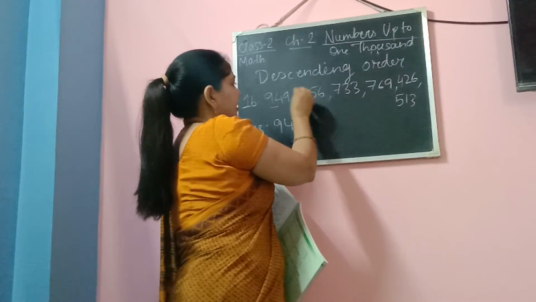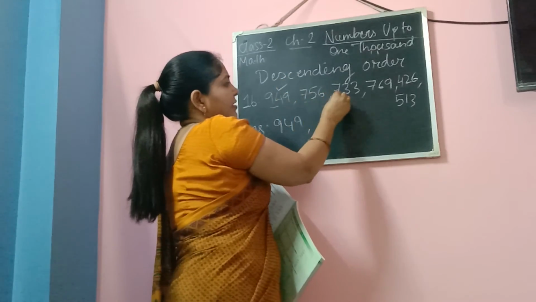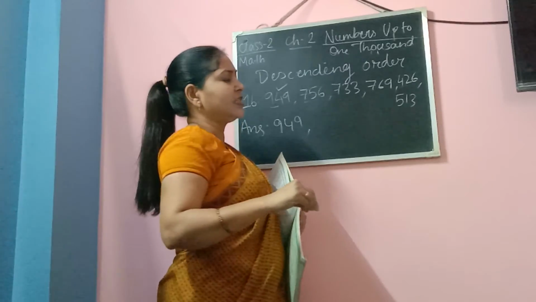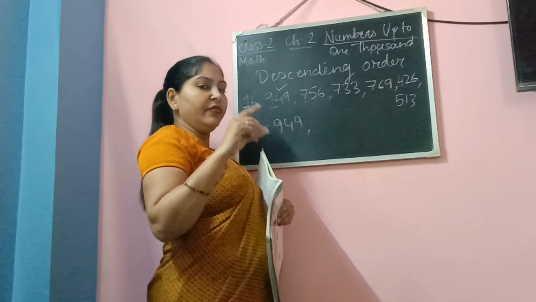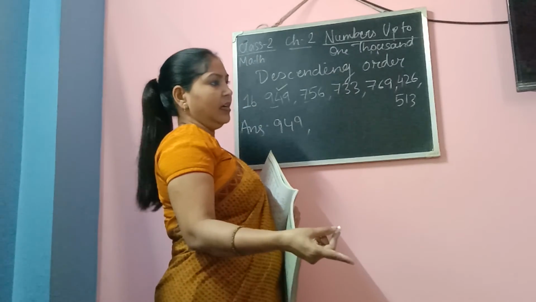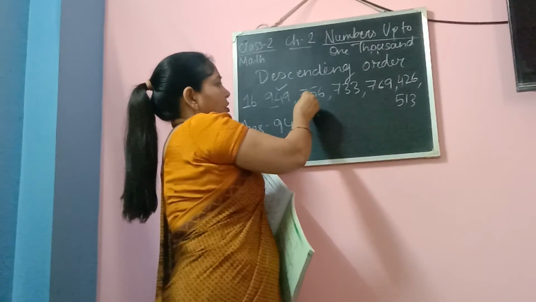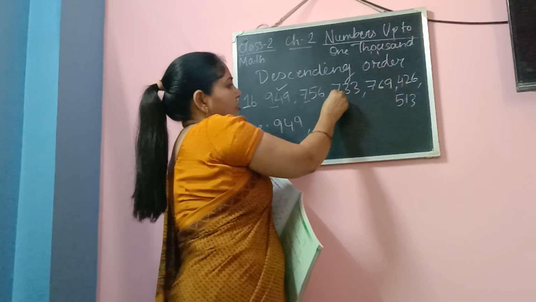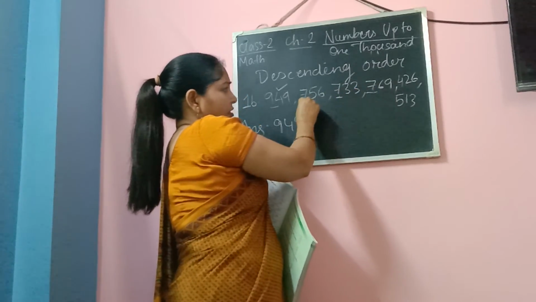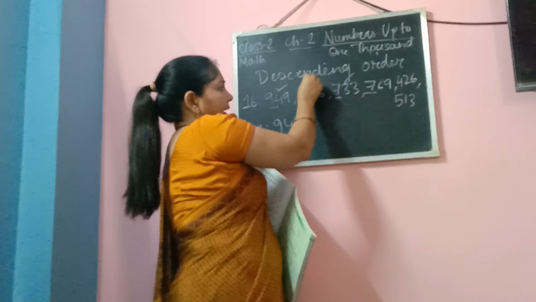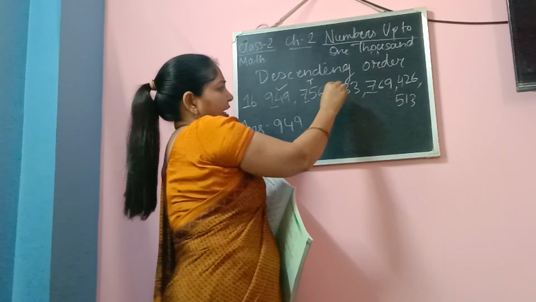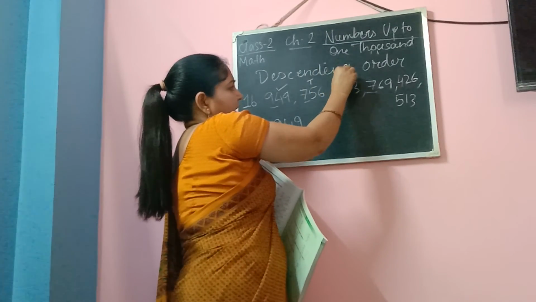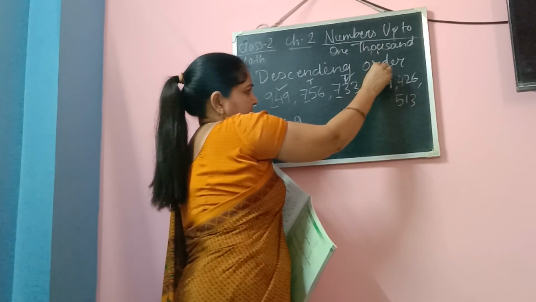So we have 7, this one is done. 7, 7, 7. Out of these three 700s, which is the next smaller number? All equal. Now we will compare the tens place. Here it is 5, here it is 3, okay, and this one is 6.